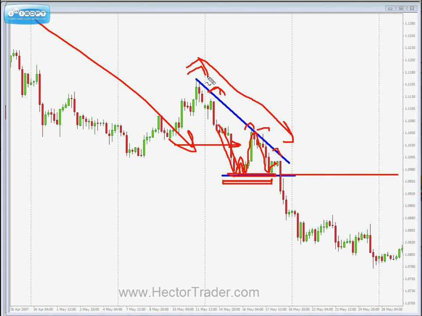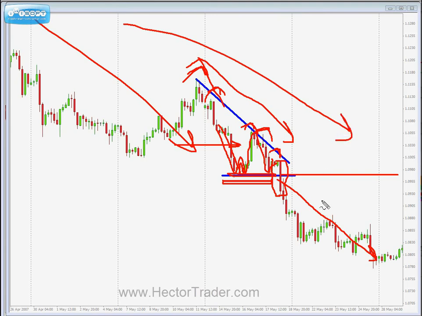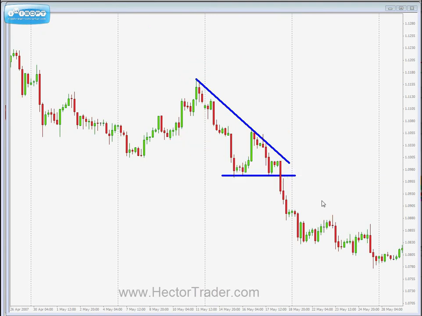But eventually the pressure keeps closing in and closing in, and the bulls cannot keep up anymore. They cannot defend that line anymore, and they give way, and a whole new swing to the downside in the direction of the main trend is created.